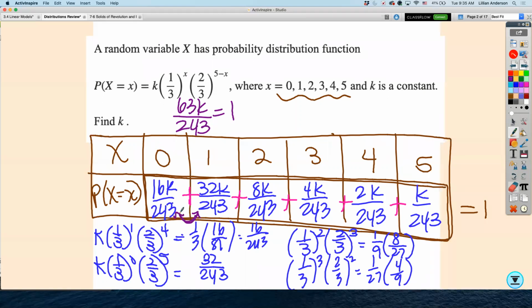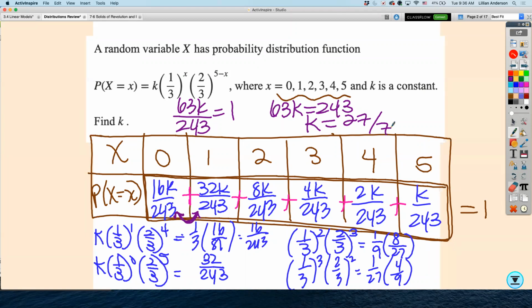That was my mistake. I had the wrong probabilities in the wrong box, but it is 32K over 243 for 0 and 16K over 243 for 1. So that's basically 63K is equal to 243. Divide both sides by 63, and your value of K was 27 over 7. That's how you had to do this one.